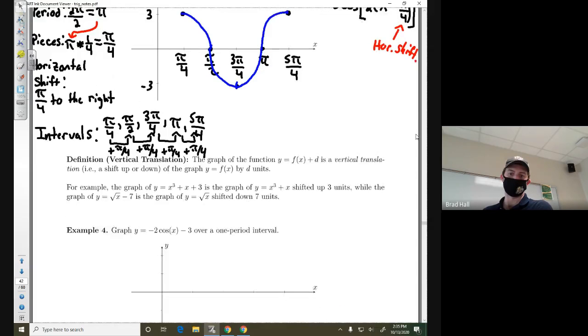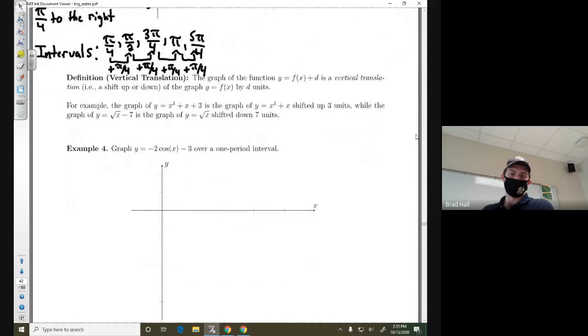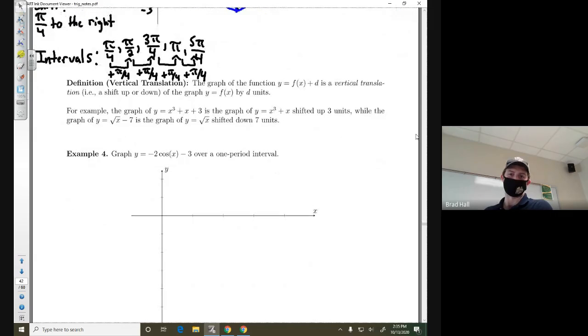Okay, so we have to focus on vertical translation, which means shifting up or down. We did left or right, now we're going to do up or down, which means something as simple as finding the amplitude is now going to have a little bit of nuance to it.